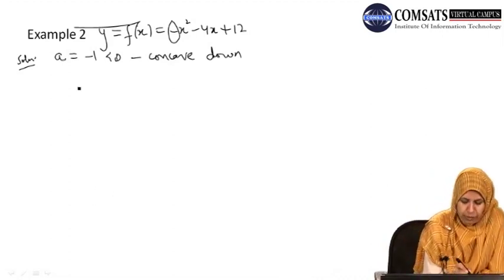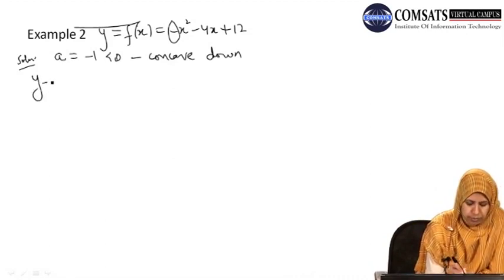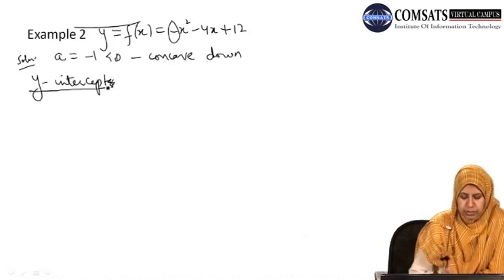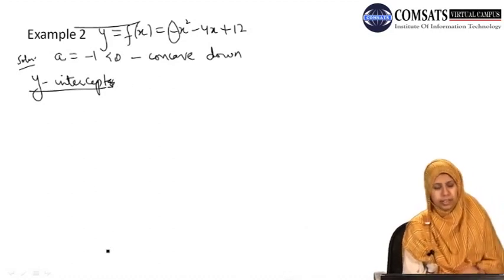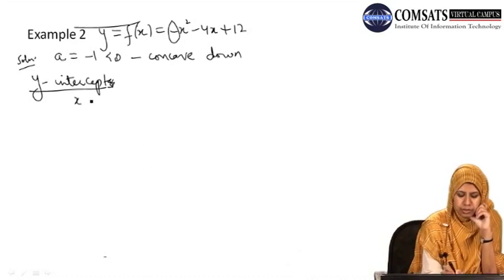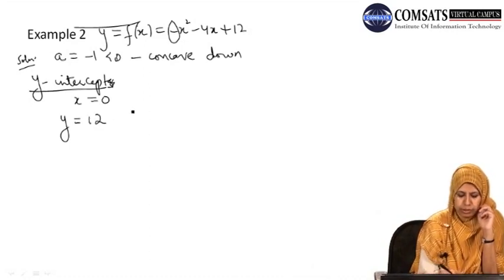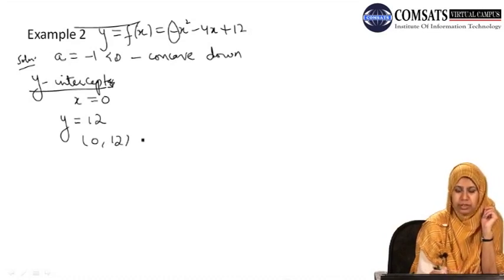Now we are interested in the y-intercept. Okay, the y-intercept is obtained when the value of x is equal to 0, which means that our y will be equal to 12, and we obtain the point 0, 12 as our y-intercept.